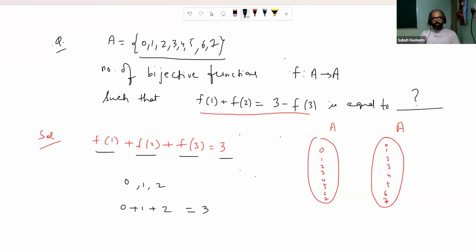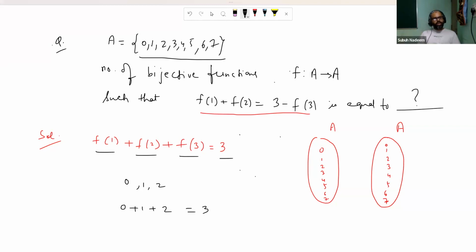Okay. Faiza, Sharif, do you also agree with this? Faiza is saying 3 plus 0. But Faiza, we want three numbers, no? f(1), f(2), f(3). So we can't take two numbers. 3 and 0 are two numbers.